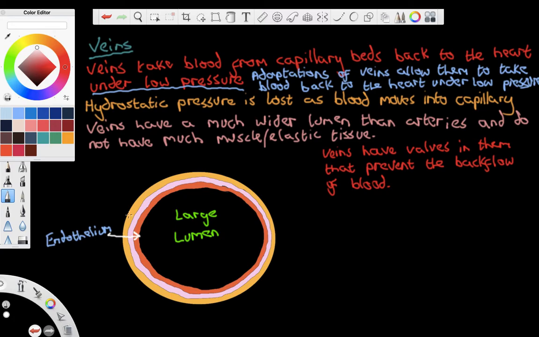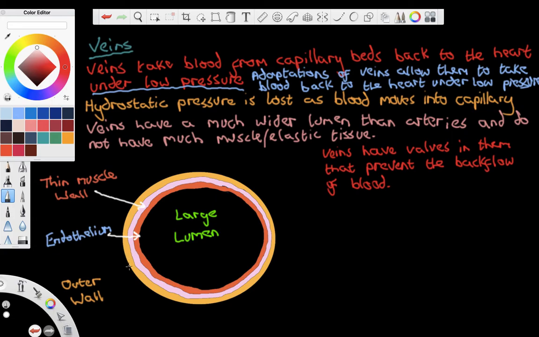After the lumen, we've got a thin muscle wall, very, very thin. And then after the muscle wall, we've got what we just call the outer wall of the vein.